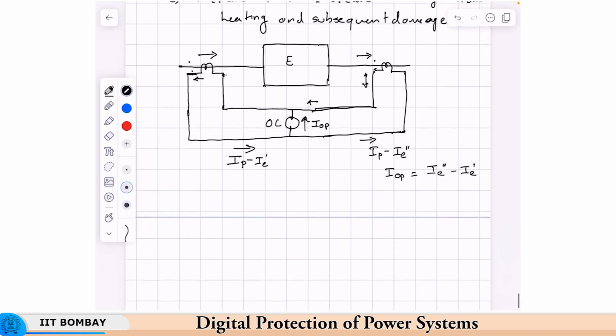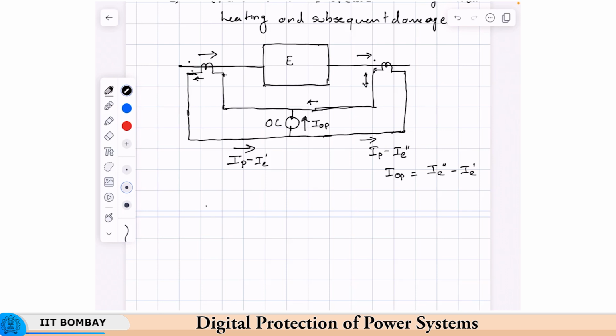So what is done is there is a restraint provided. If you want to make this relay very sensitive in terms of operation, and you want to prevent nuisance tripping on even small differences, then you have to provide some kind of restraint.